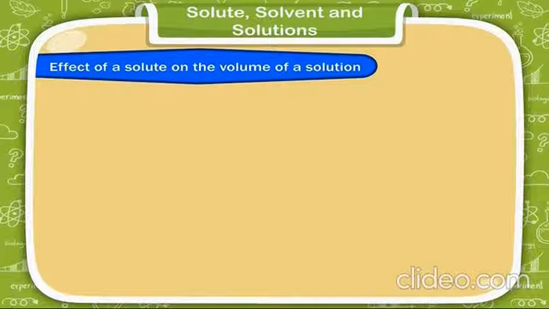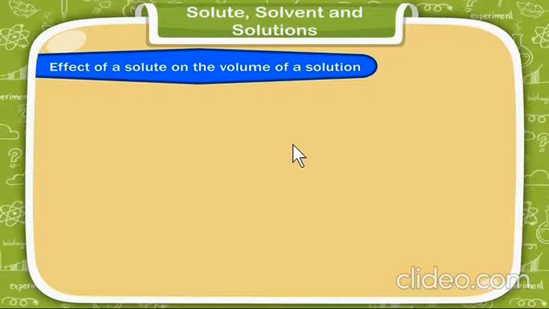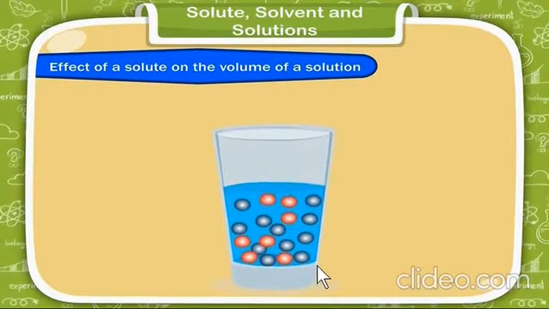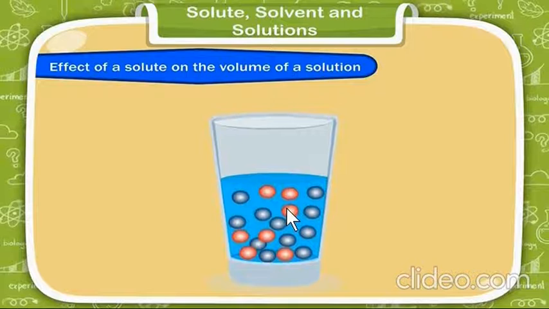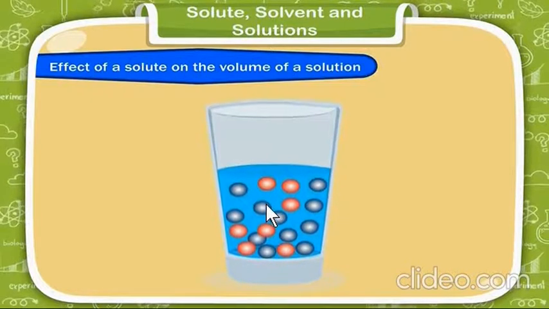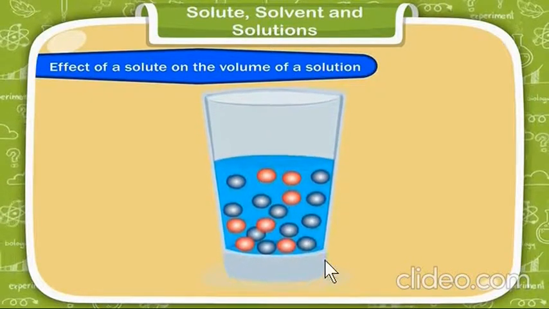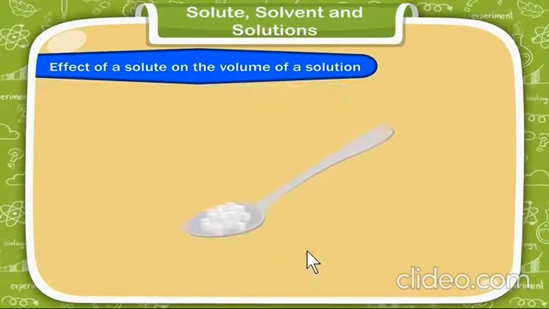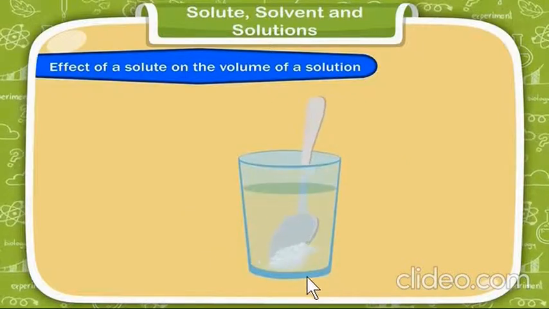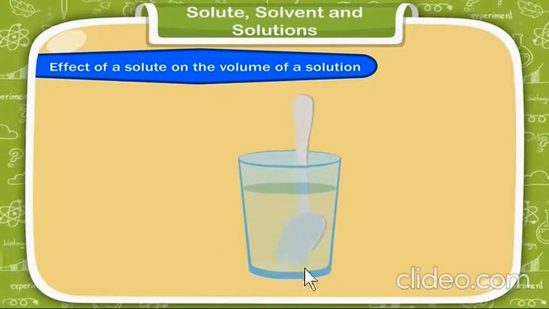Whether it be a liquid, gas, or even solid, there is some space. So when we dissolve a solute in a solvent, the particles of solute fit into those free spaces and hide. If we have a spoon of sugar and we dissolve it in the water, these crystals will break into molecules, and these molecules will fit into the spaces, and then they will be invisible.